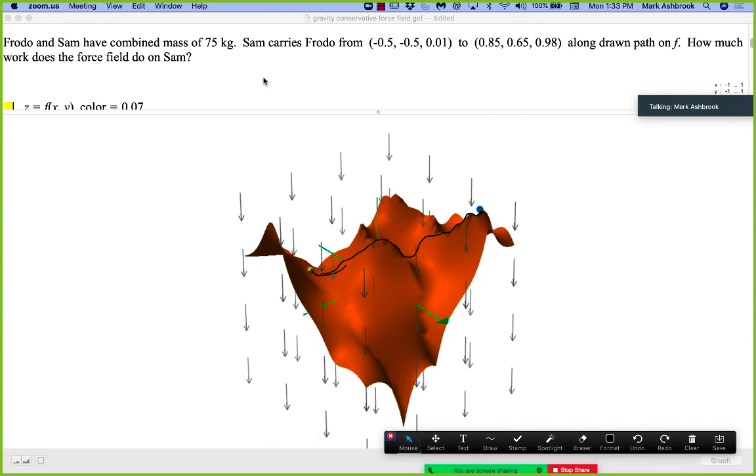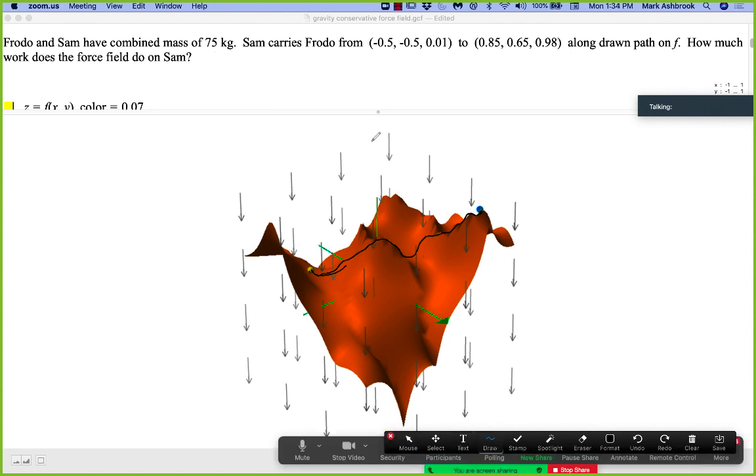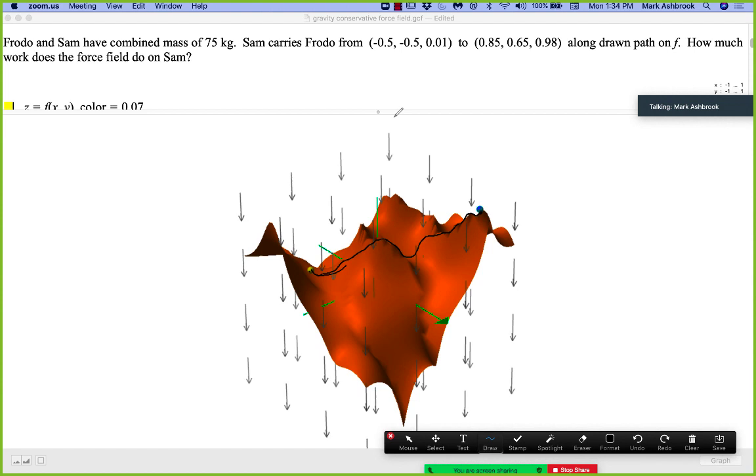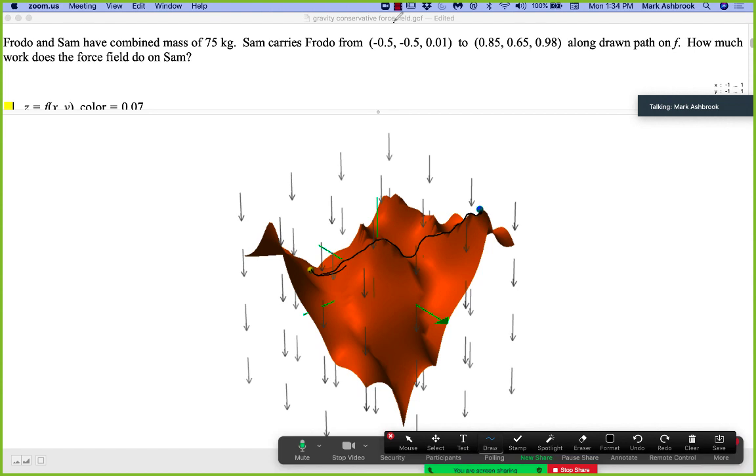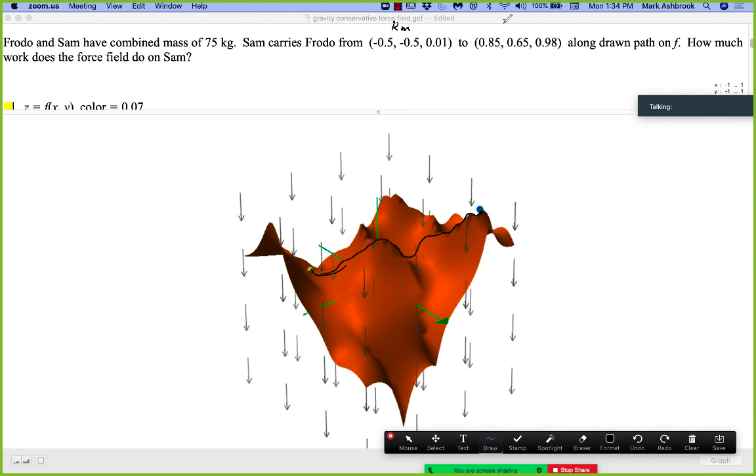Okay, so they have a combined mass of 75 kilograms, and the starting point is negative 0.5, negative 0.5, 0.1, and our units are kilometers. Of course Middle Earth is going to be on the metric system, not the imperial system.